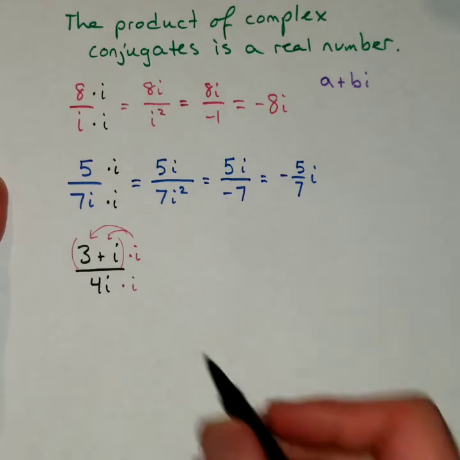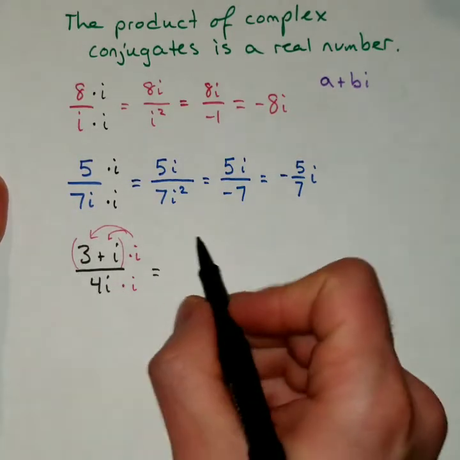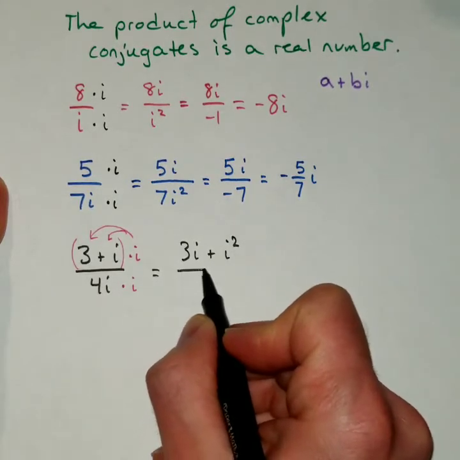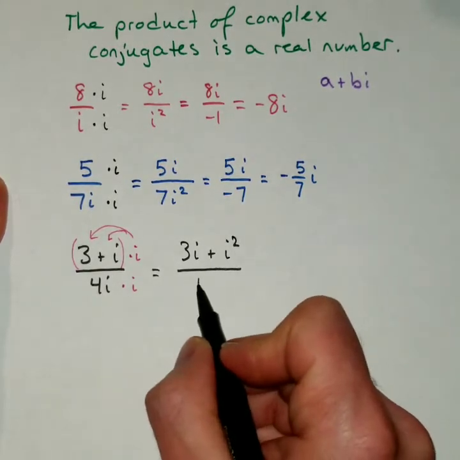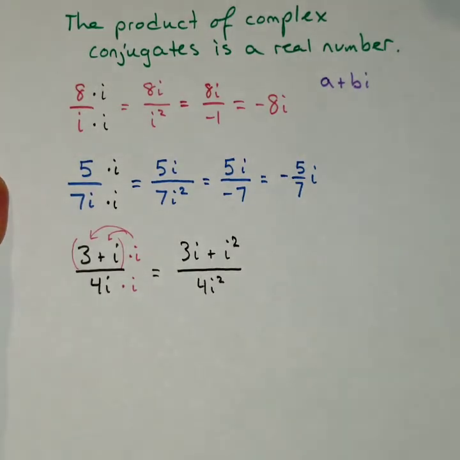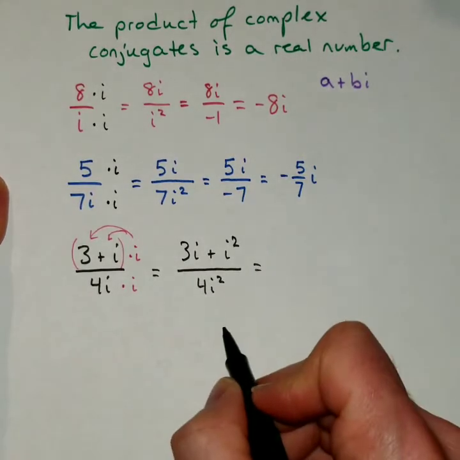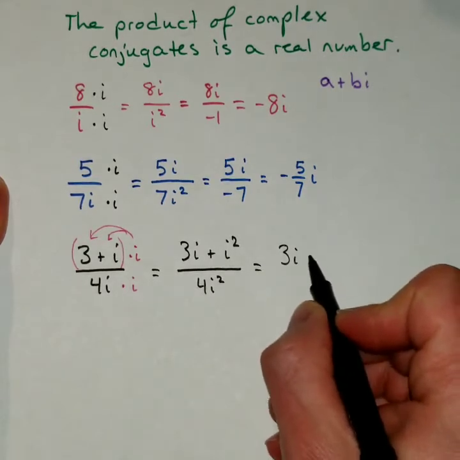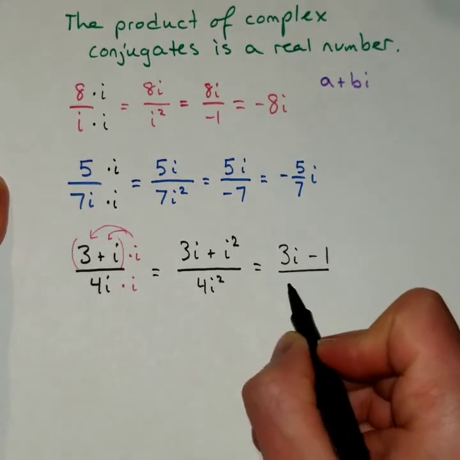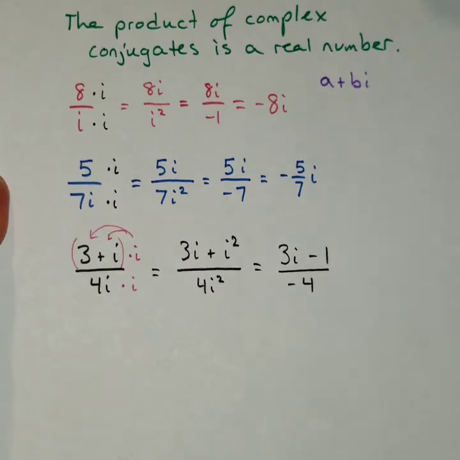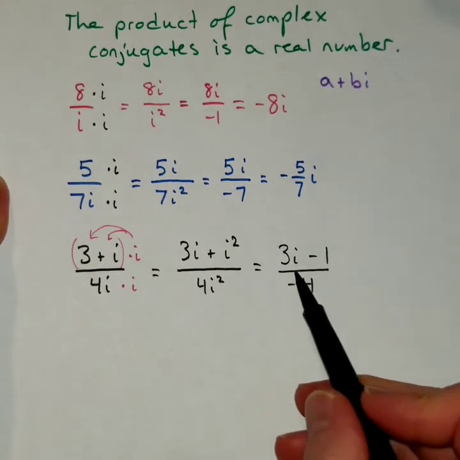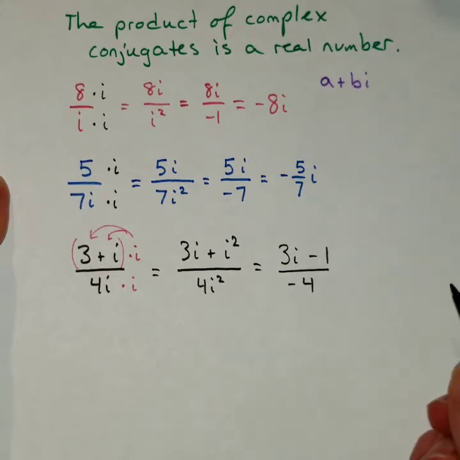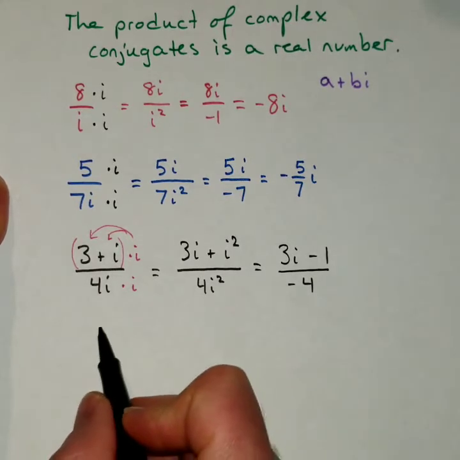You have to do both. So the numerator becomes 3i plus i squared. The bottom becomes 4i squared. I can simplify. Both of the i squareds are really just -1. And then I can split up my fraction. Maybe I'll do this in a couple steps here.